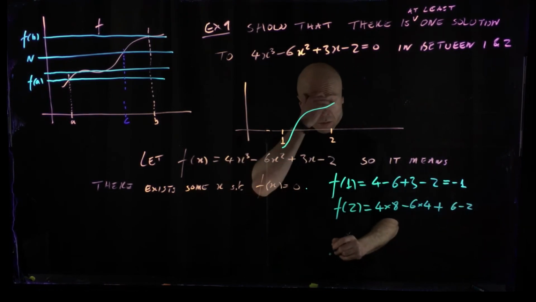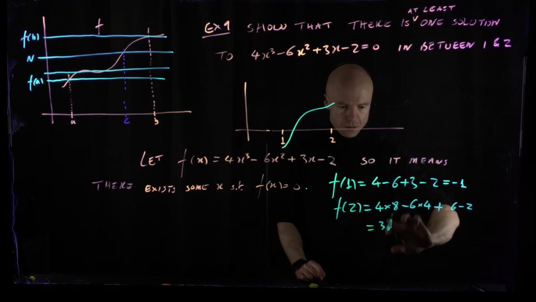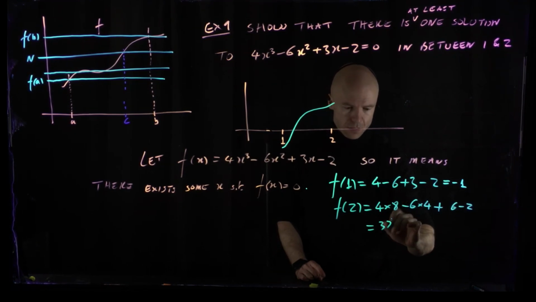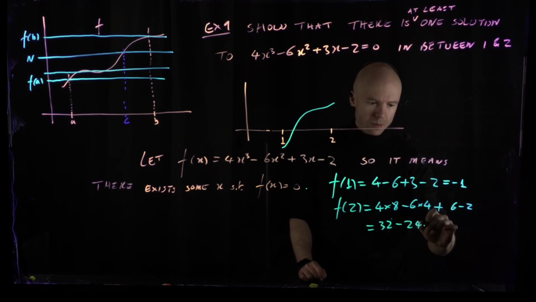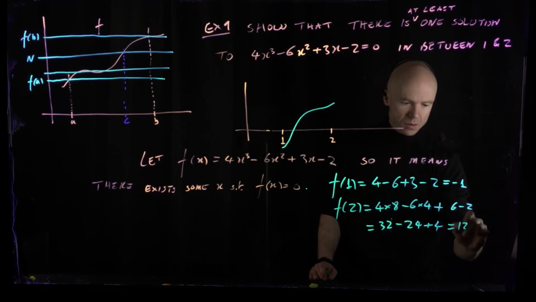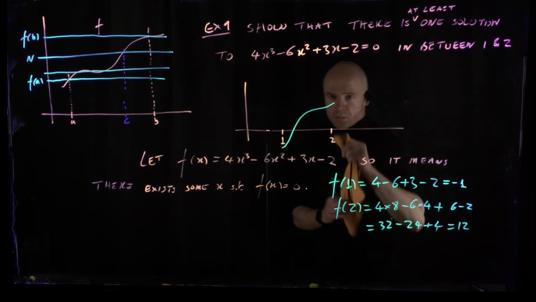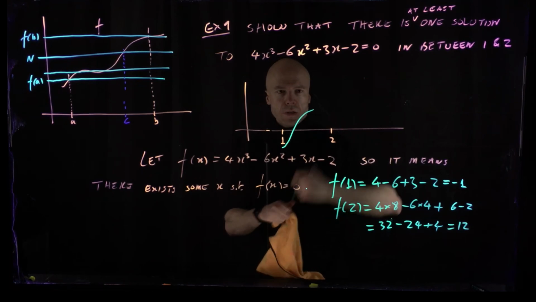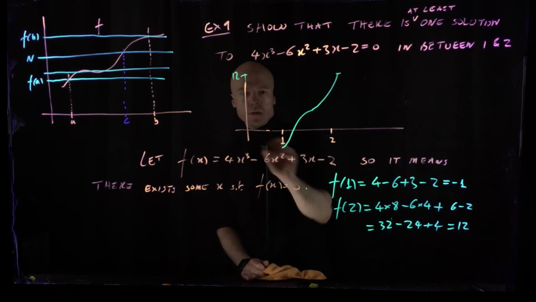So 4 times 8 is 32, minus 24, plus 4. So that's going to be 8, and then plus 4, so it's 12. So indeed, we are crossing the horizontal line at 0, because we're all the way up here at 12 and this is down here at minus 1.